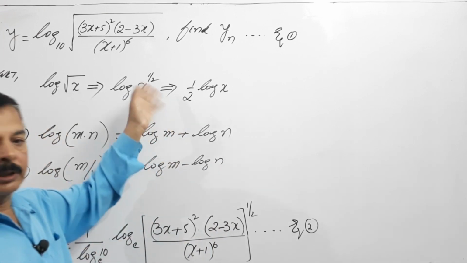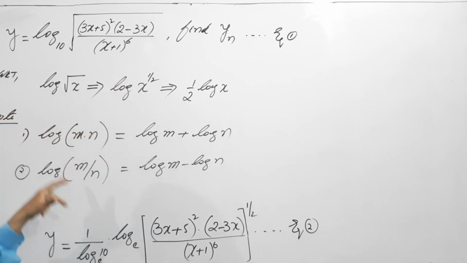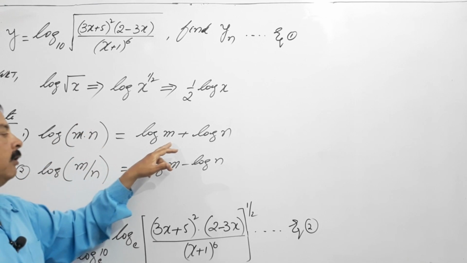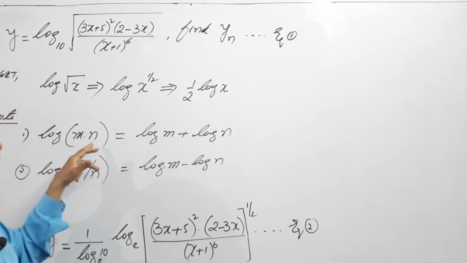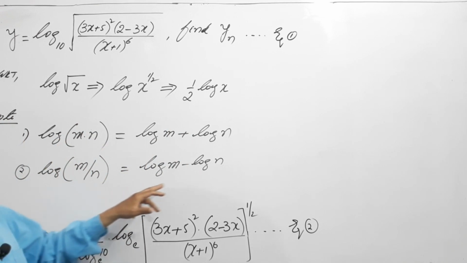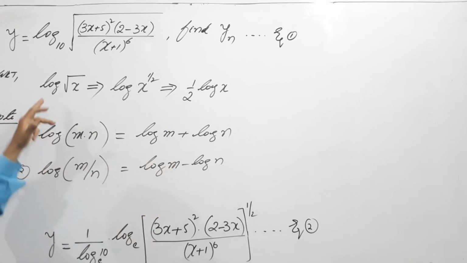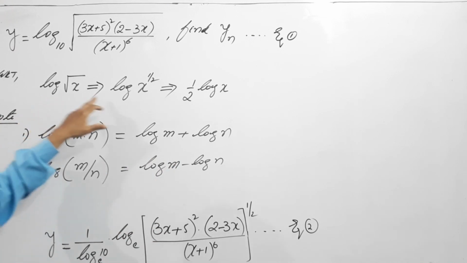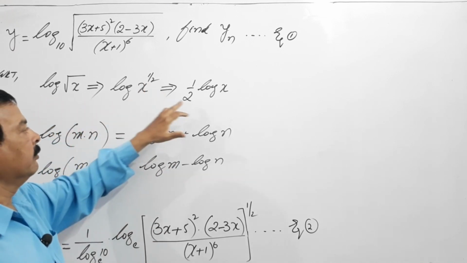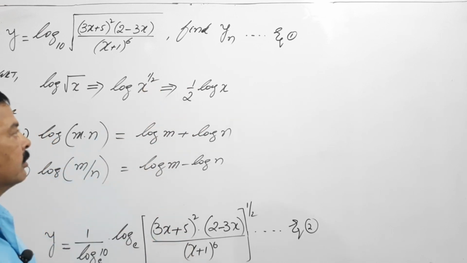I will teach you all this a little later, but for the present problem know these properties. These two properties are important, which you are going to use here. Another property is log of root x is log x to the power of half, which is equal to half log x. These three properties I am going to make use of to solve this problem. So what happens to this?